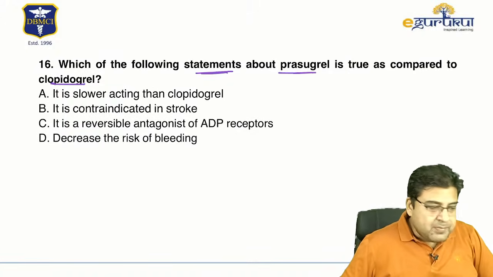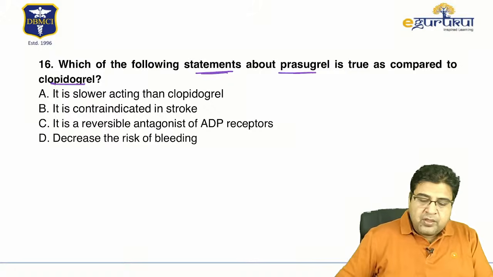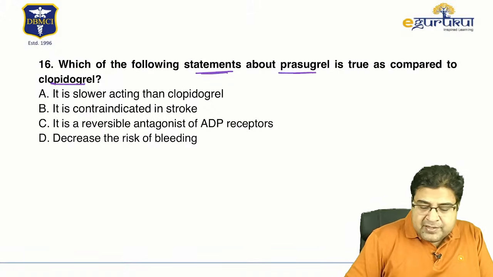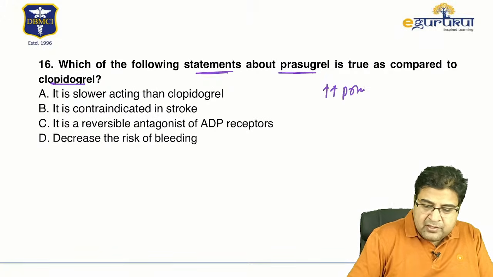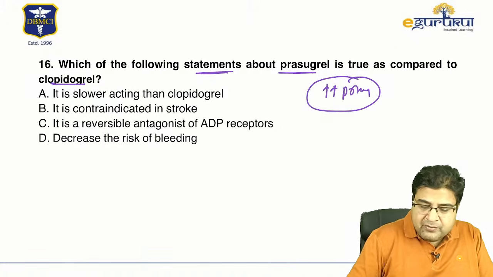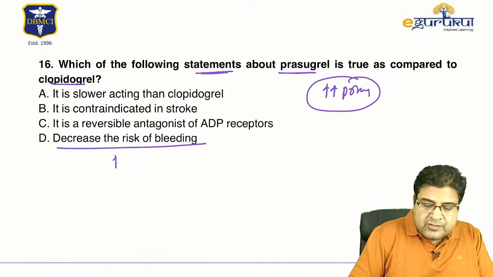So guys, when prasugrel was approved, at that time this medicine was considered to have very high potency. It's a very potent medicine, so it has more risk of bleeding.